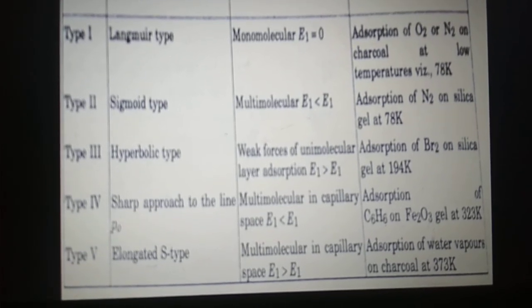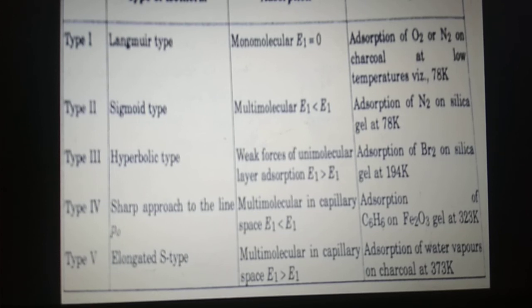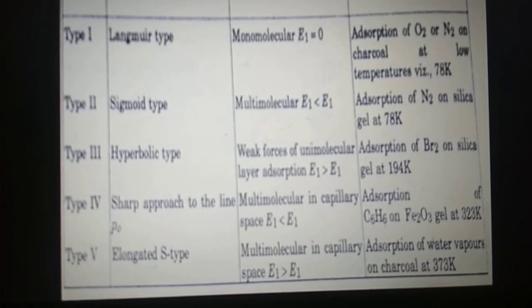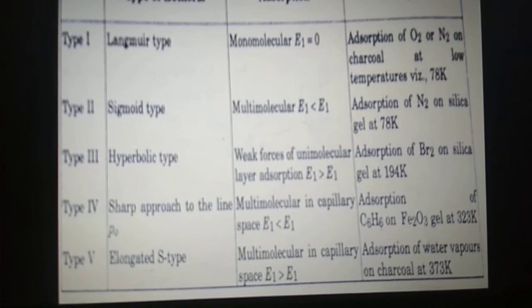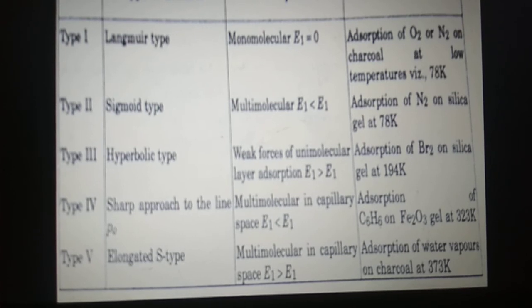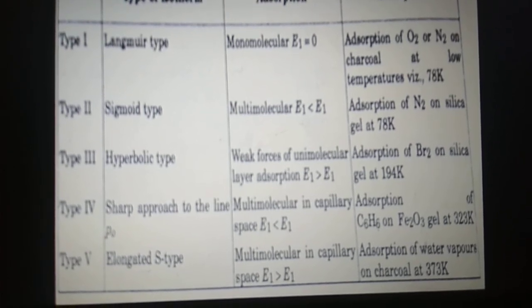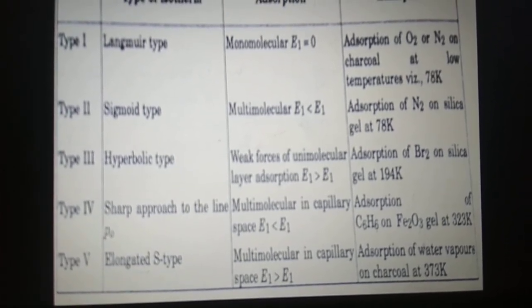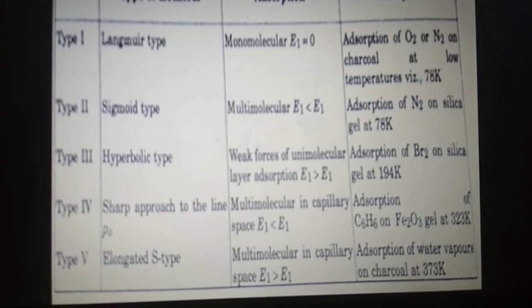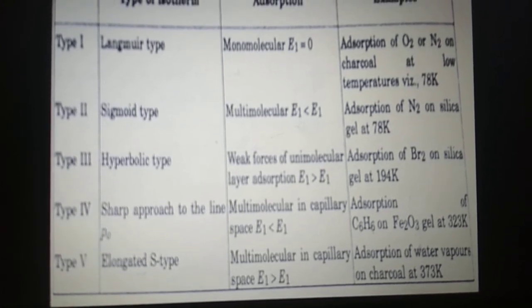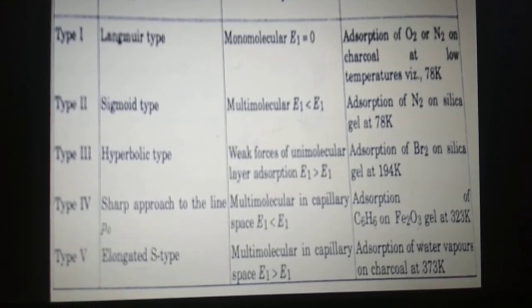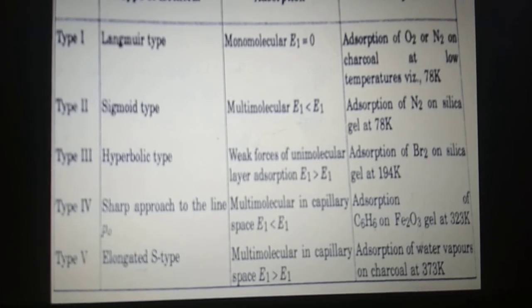The fourth type of adsorption isotherm sharply approaches the line P0. Multimolecular in capillary shape, E1 is less than E2. Adsorption of benzene on Fe2O3 gel.